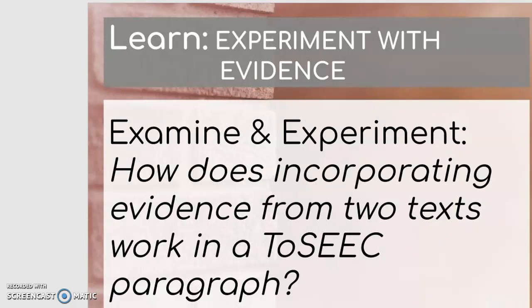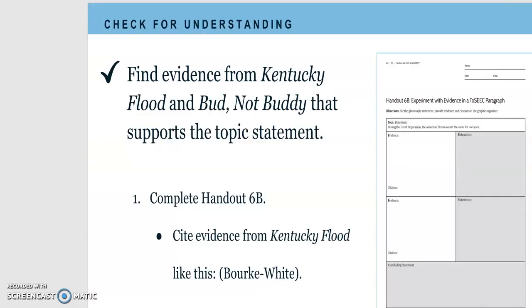How does incorporating evidence from two texts work in a two-sec paragraph? So you're going to still be building on that two-sec model. That two-sec model is going to be used for your end of module final paper. You're going to find evidence from Kentucky Flood and Bud, Not Buddy and support the topic statement.